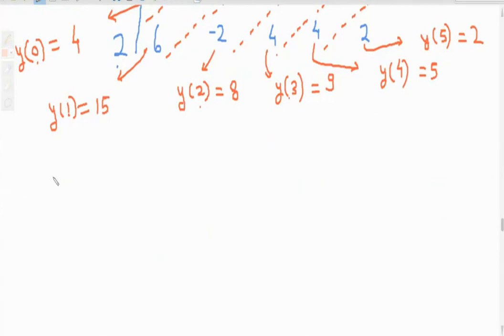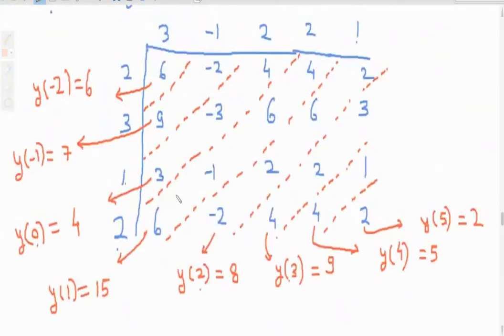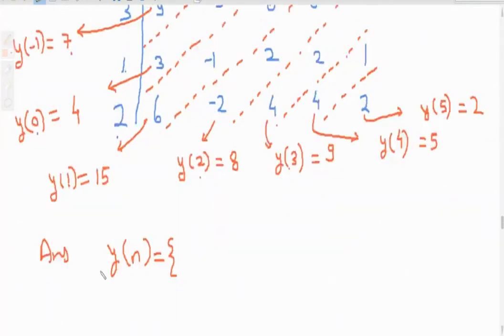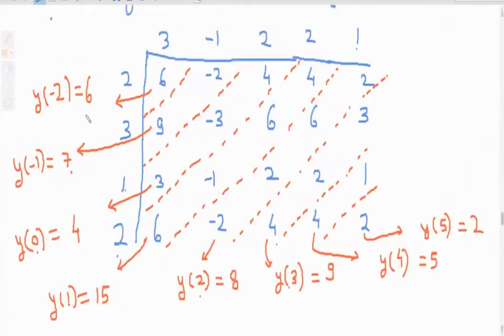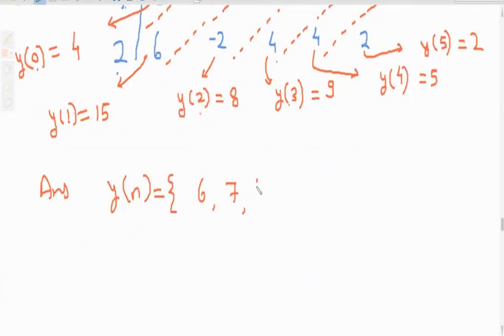So now at the end we should write the sequence. Answer: y of n equal to, in curly bracket, the amplitudes 6, 7, 4, 15, 8, 9, 5, 2.